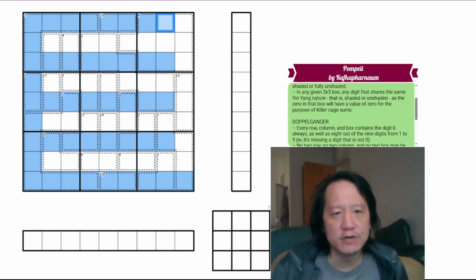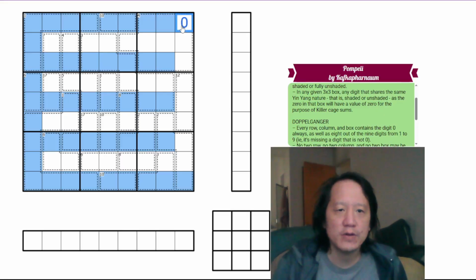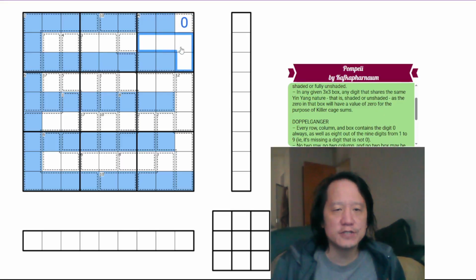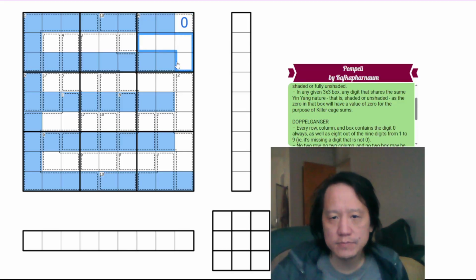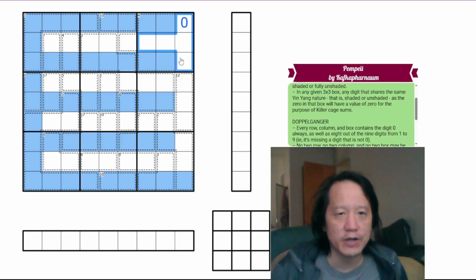And if we had a 0 here, these unshaded cells would be 0, right? Because whatever the shading of 0 is, all the other cells that are shaded the same way must be equal to 0.